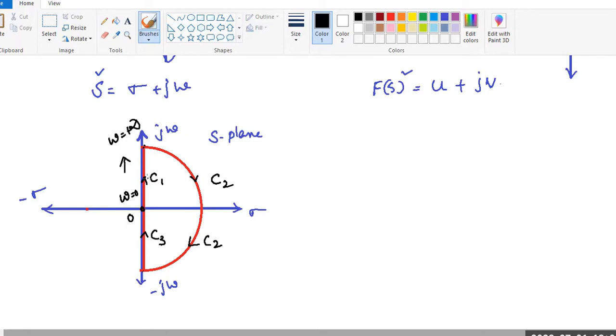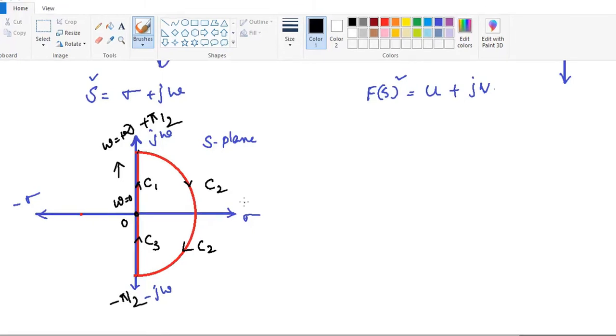Totally three sections are there. This is one section which is along C1, varying from 0 to infinity, and this is another section C2, which is varying from plus 90 to minus 90 degrees, that means plus pi by 2 to minus pi by 2. As we know, in a polar plot, positive angles are taken in the anti-clockwise direction.